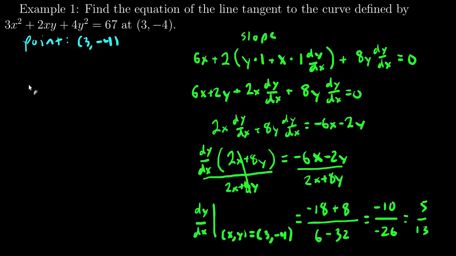And so, now using this point and this slope, my tangent line is y equals 5/13 times (x minus 3), minus 4.